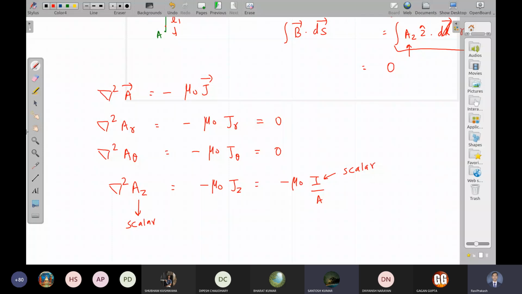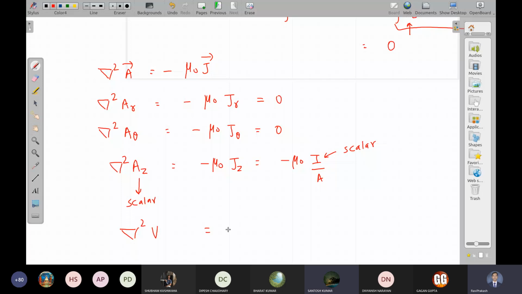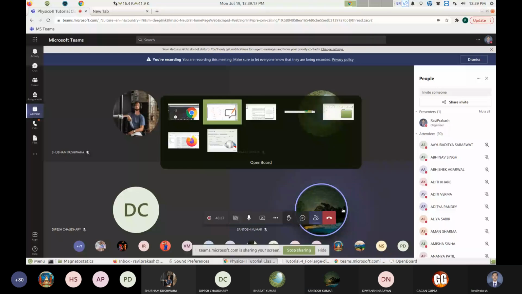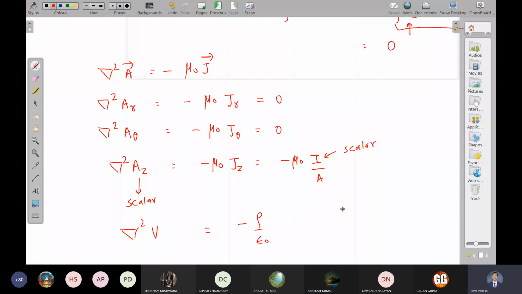So at least in mathematical sense, ये दोनों इक्वेशन इक्विवेलेंट है. Right? Whether you solve this equation or this equation, you should get similar results. Only difference is here we have V, here we have vector potential. Here you have mu naught, here we have 1 by epsilon naught. Here you have I upon A, here you have charge density.